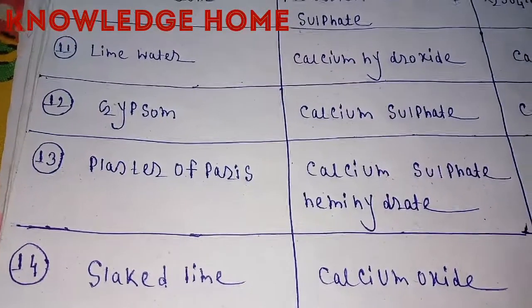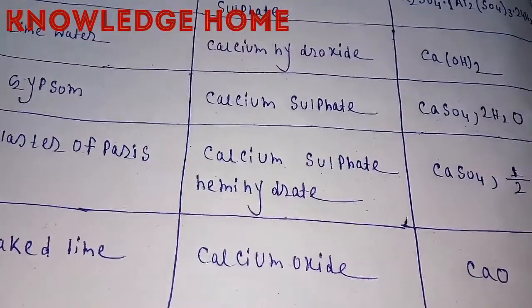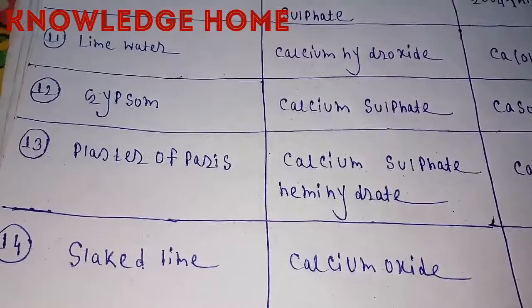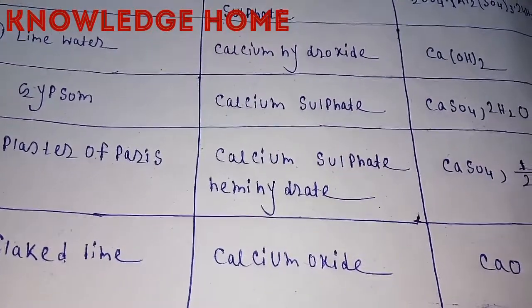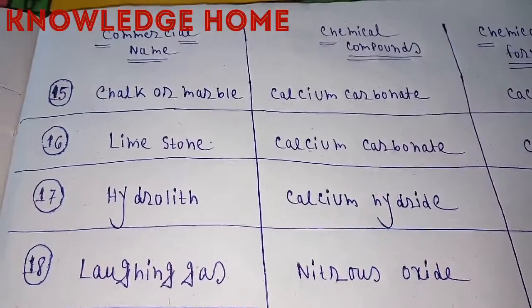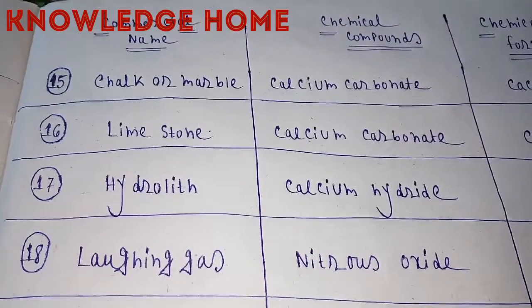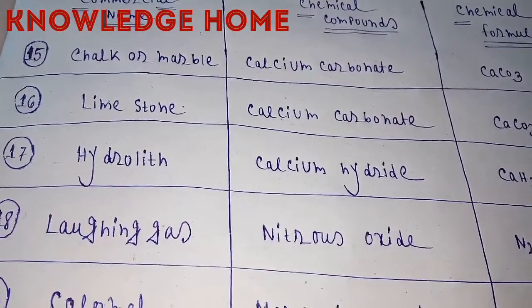Next one is quick lime. Chemical compound name is calcium oxide, and the formula is CaO. Next is chalk or marble. Chemical compound calcium carbonate, and the chemical formula CaCO3.